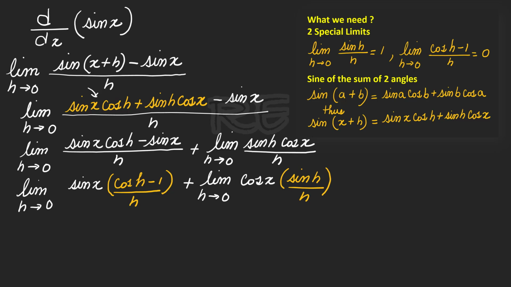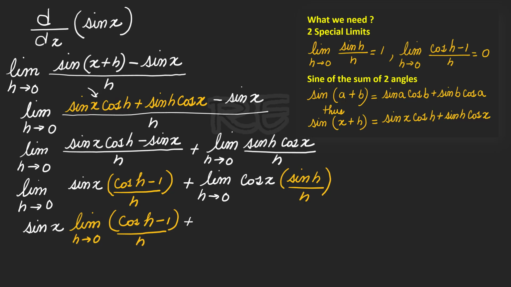Now, an interesting idea is that sine x doesn't involve h. It doesn't matter what h becomes. Sine x will stay sine x. Therefore, we can bring it out. Sine x times the limit as h approaches 0 of cosine h minus 1 divided by h.